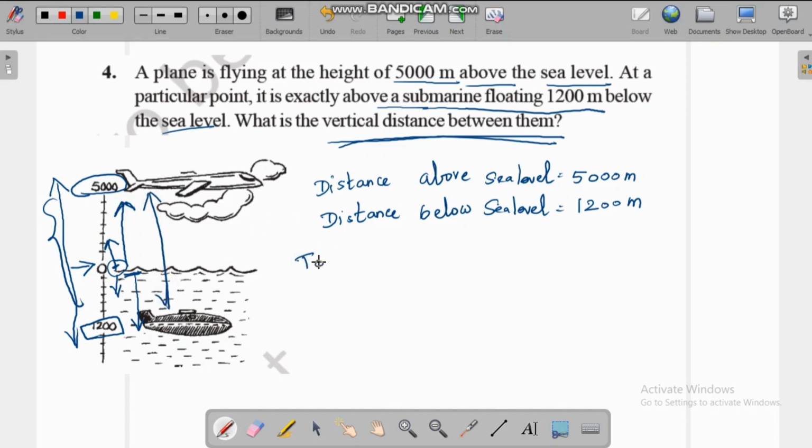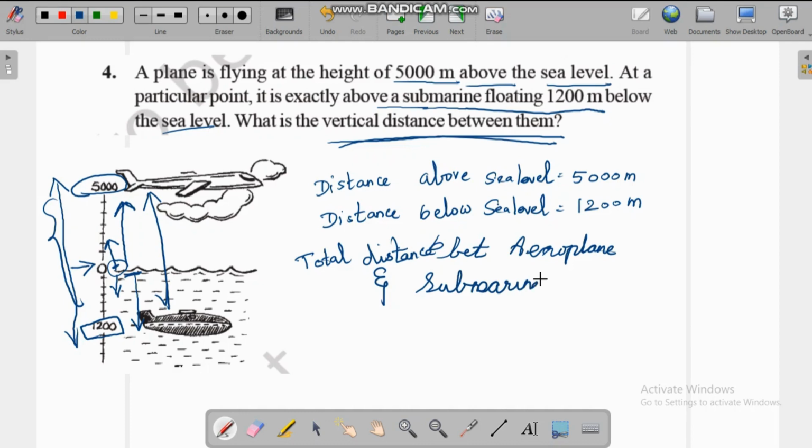So the total distance between aeroplane and submarine, we have to add.